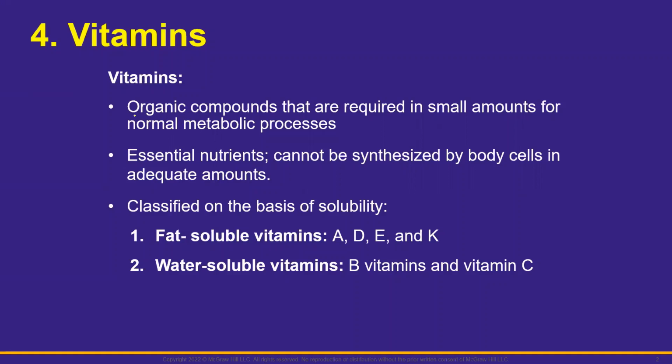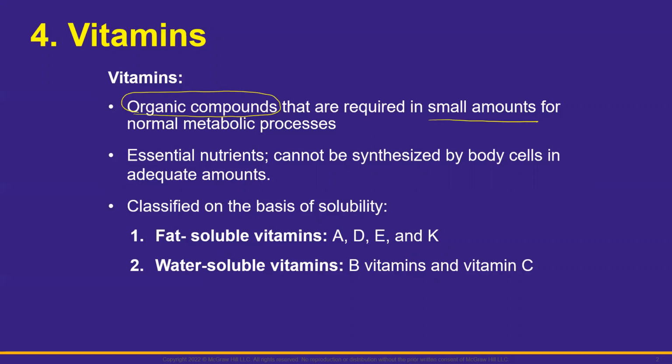Vitamins are organic compounds. Organic compounds, usually we have to take from organisms like plants and animals. And because these are micronutrients or minor nutrients, they are required in small amounts for normal metabolic process.